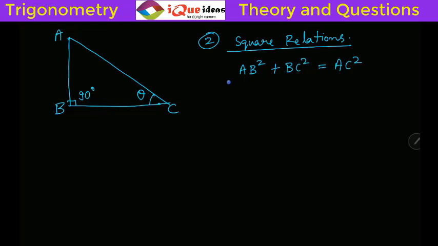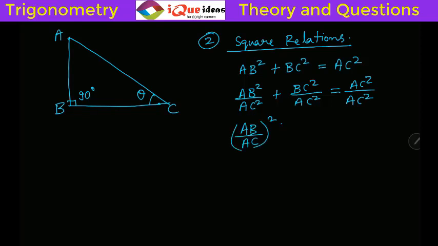So if you divide by AC square in all the terms, you will get AB square upon AC square plus BC square upon AC square is equal to AC square upon AC square. Now this can be written as AB upon AC whole square plus BC upon AC whole square equal to 1.